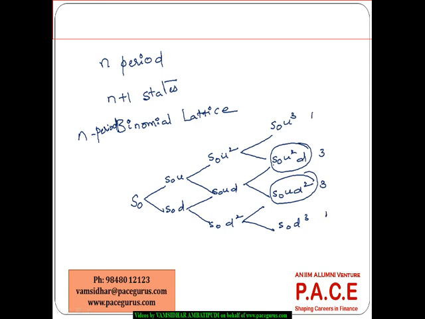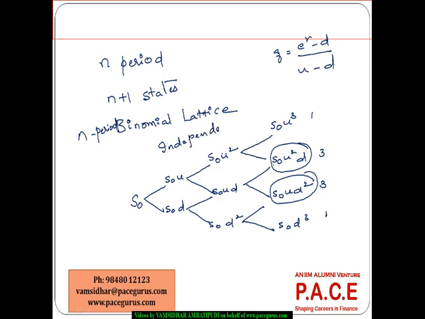Now, if you are typically seeing the probabilities that are coming out here, the Q's, e^(rΔt) minus d by u minus d, for every stage the Q's are going to be the same. And all these steps are typically independent.